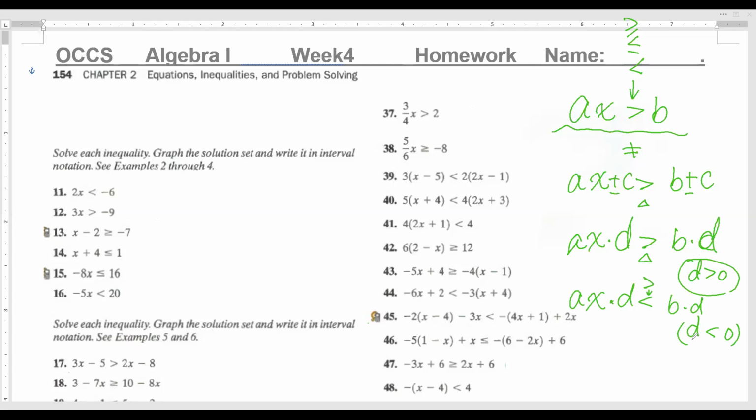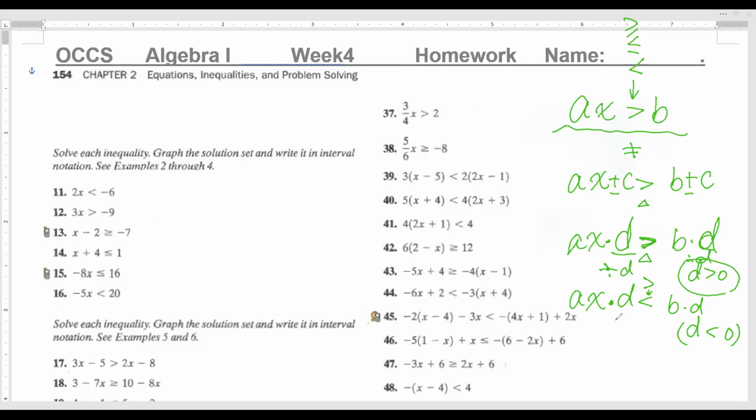We talked about this one. And of course, divide a number, the same thing as times a number. If the number is positive, the inequality sign is not changing.